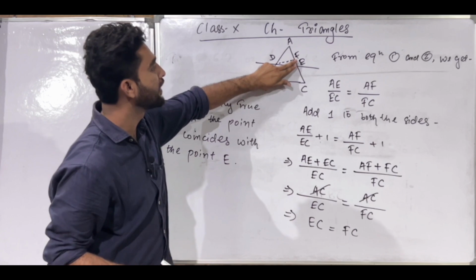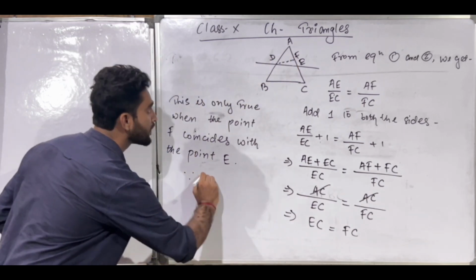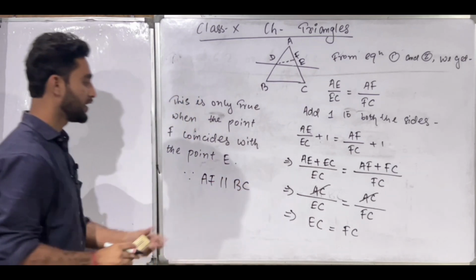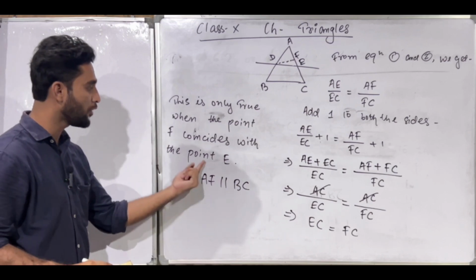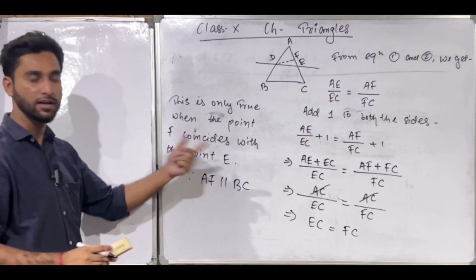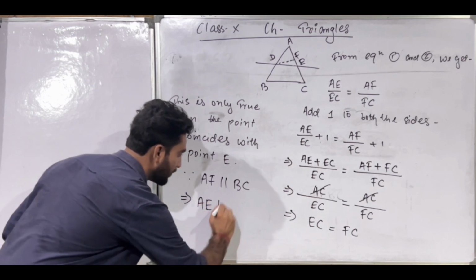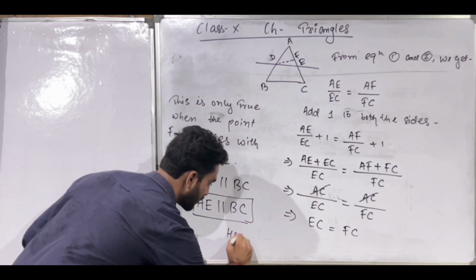E and F are coincident points. Already we considered that DF is parallel to BC. Now in place of F we can write E, because we have just proved that E and F are coincident points. So DE will be parallel to BC. Hence proved.